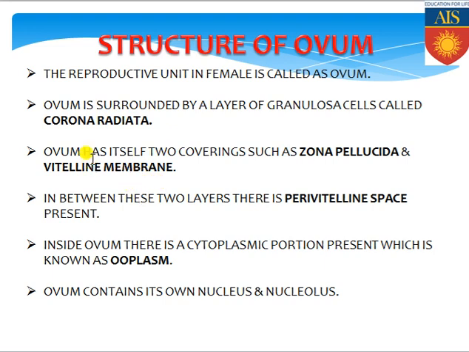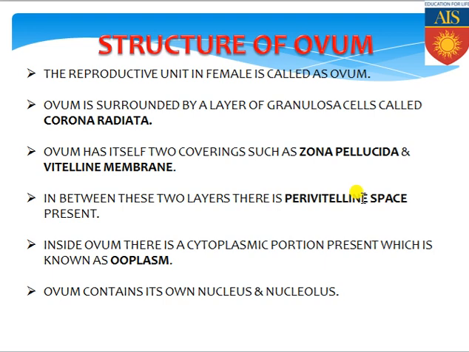Next, the ovum itself has two coverings: one is the zona pellucida, the outer covering, and the other is the inner covering, the vitelline membrane. These two coverings are separated from each other by a space known as the perivitelline space.